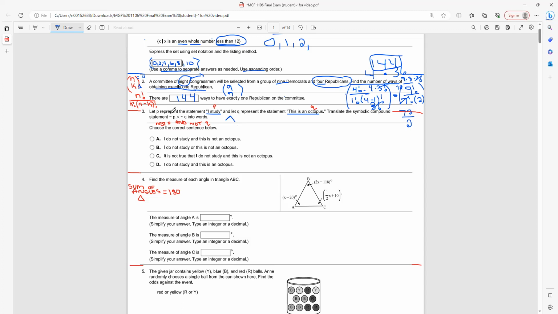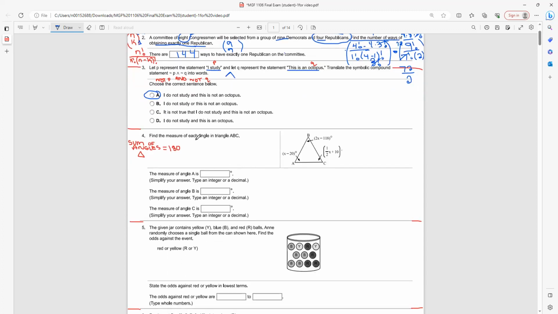So that compound statement, we have not P and not Q. And remember, P stands for I study. Q stands for this is an octopus. So if we're saying not P, we're saying I don't study. That should be the beginning part of the statement. And not Q, meaning this is not an octopus. So we want the statement that says both of those things. I do not study, and this is not an octopus, and that will be letter A.